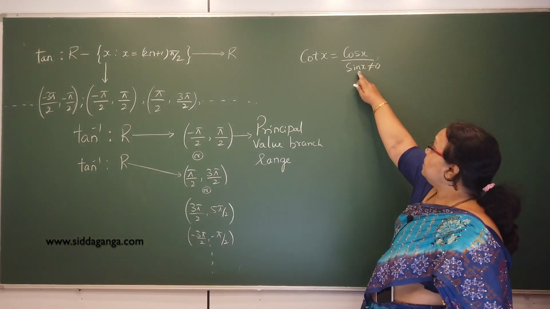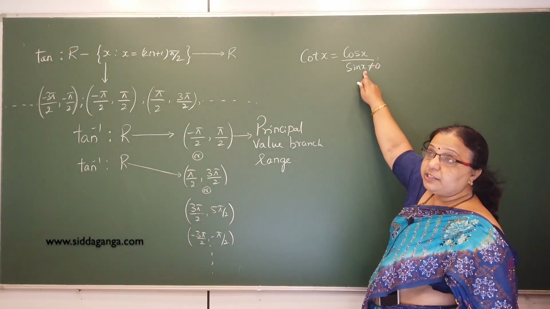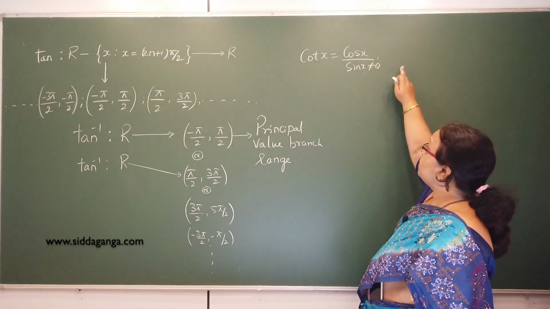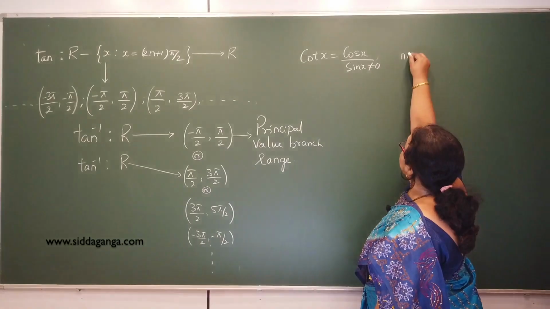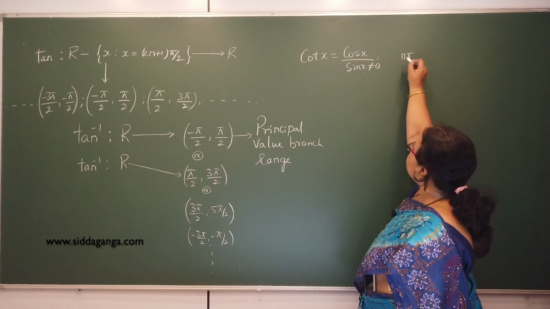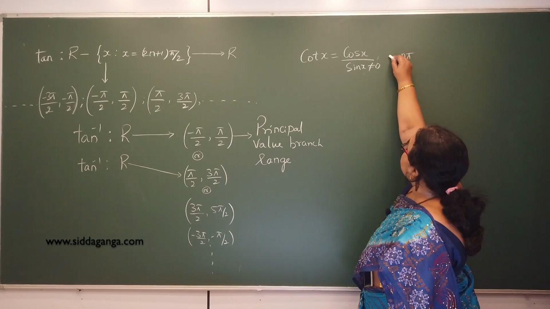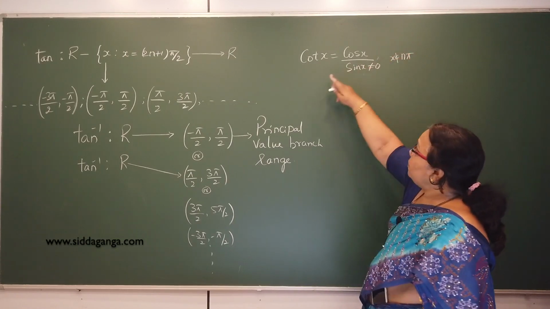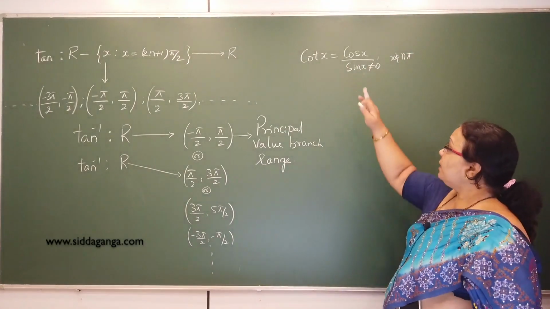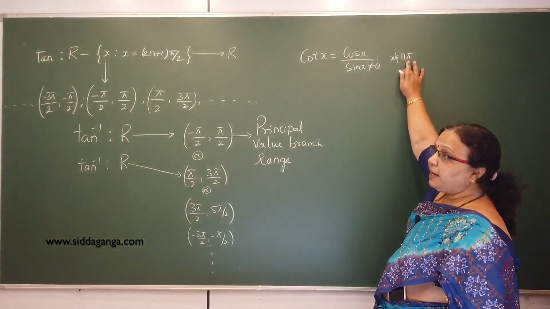The function sin x becomes 0 for the angles 0 degree, 180 degree, 360 degree, etc., which is nothing but n pi, the integral multiple of pi. For those angles the denominator becomes 0, and hence we must not consider these angles for the cot function to be defined.